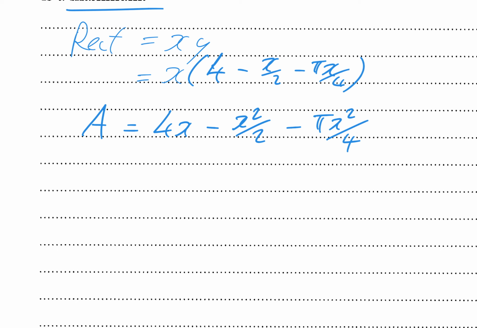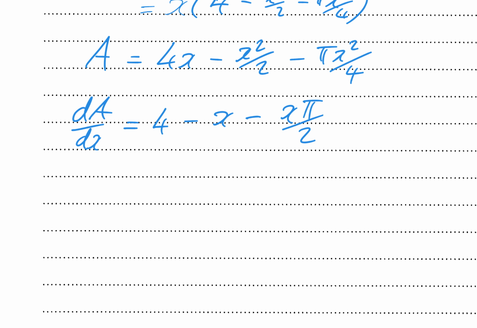So let's do dA by dx is equal to 4, and then minus 2x over 2, which is just minus x, and then minus 2x times pi over 4, which is just x times pi over 2. Then we want to put that equal to 0, because dy by dx is equal to 0 at a turning point, maximum or minimum. So put that whole thing equal to 0.